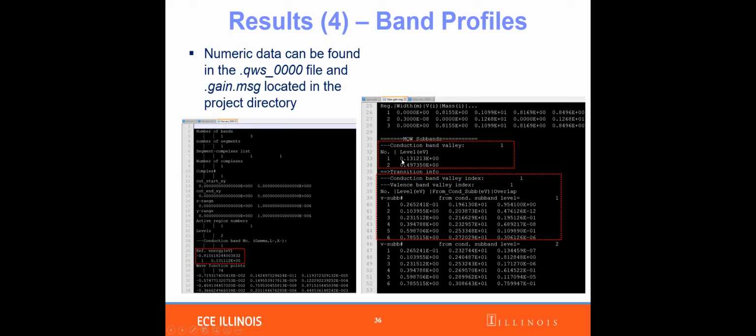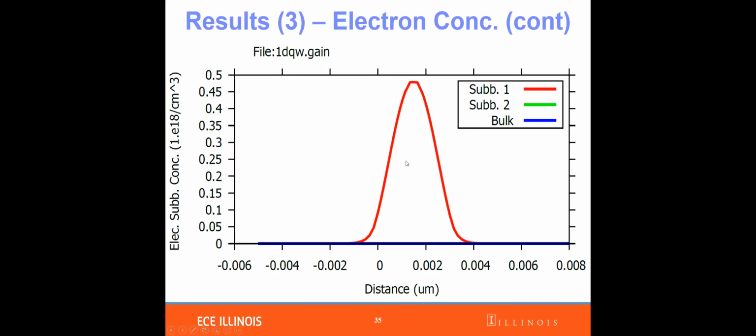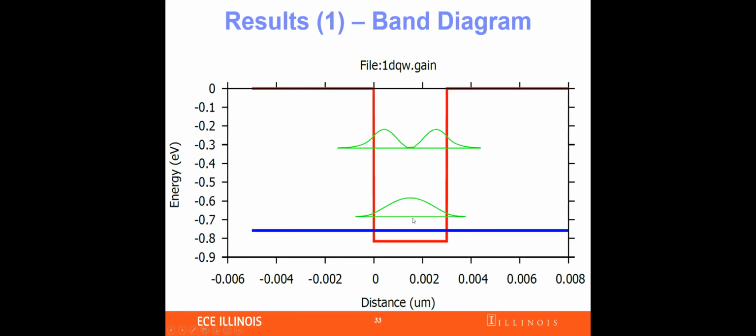You have 2 bands, right? The first is 0.13 electron volt. The second band has an energy of 0.497 electron volt. What that means is that the first state is about 0.13 electron volt, referenced to the bottom of the quantum well, and the energy difference between the second conduction band and the bottom of the potential is 0.497 electron volts.